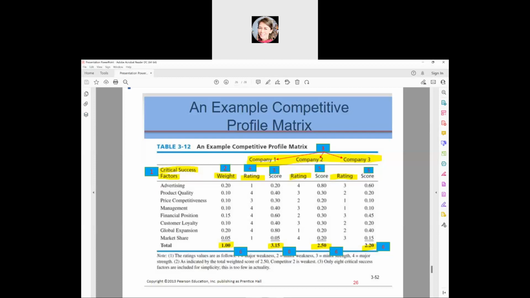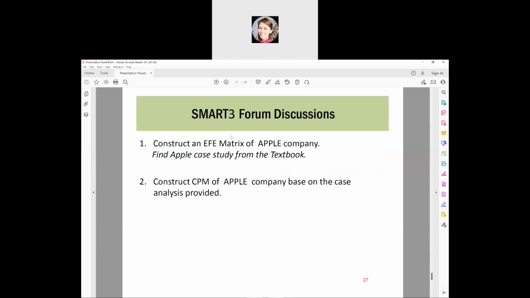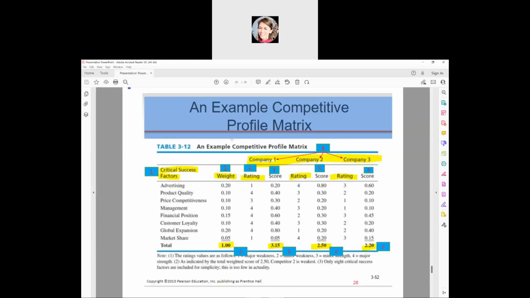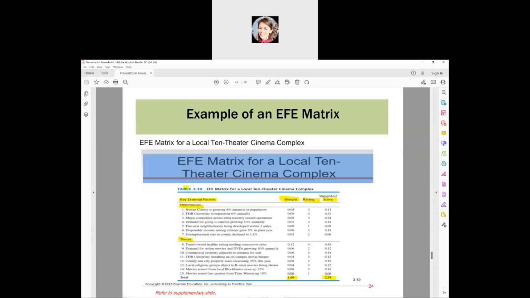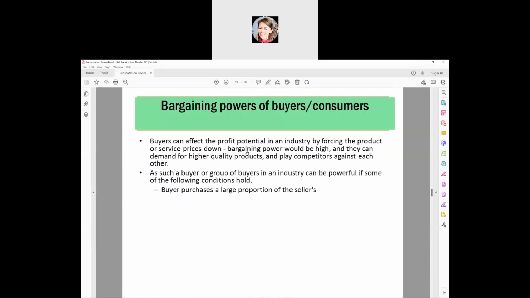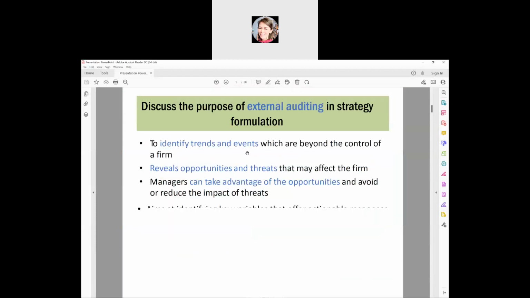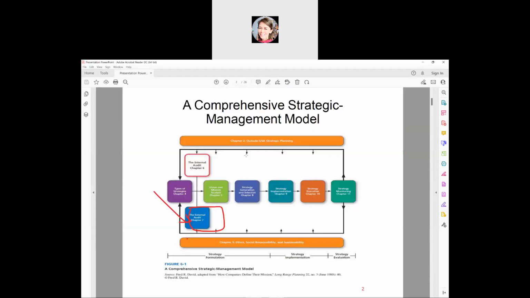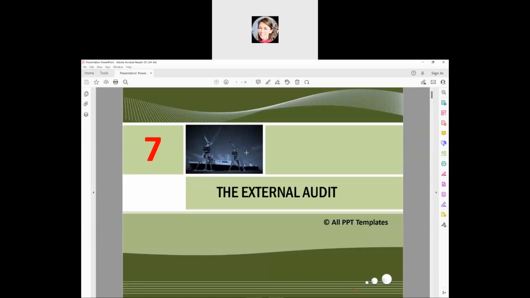Now this is the last slide. To wrap up this discussion on chapter 7, again, this is the external audit. Number one, make sure you know what basically is an external audit, and the key discussion in this chapter.